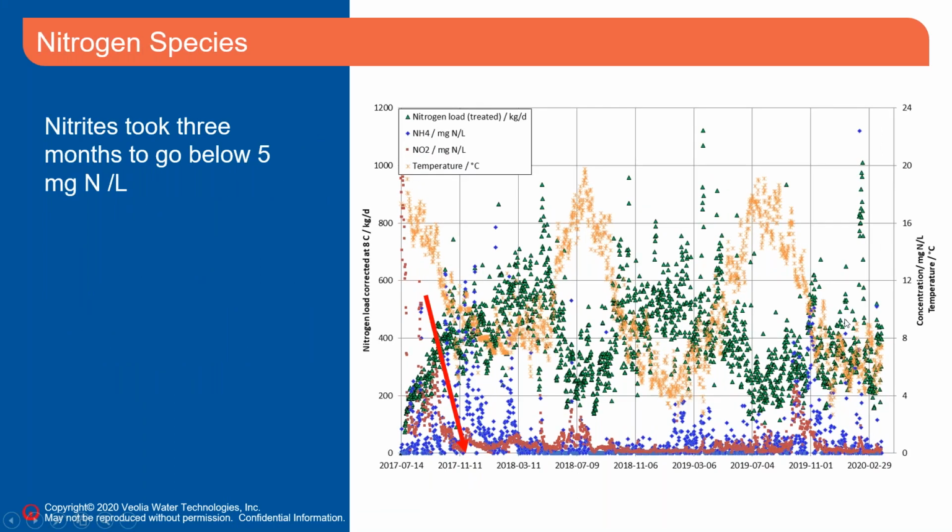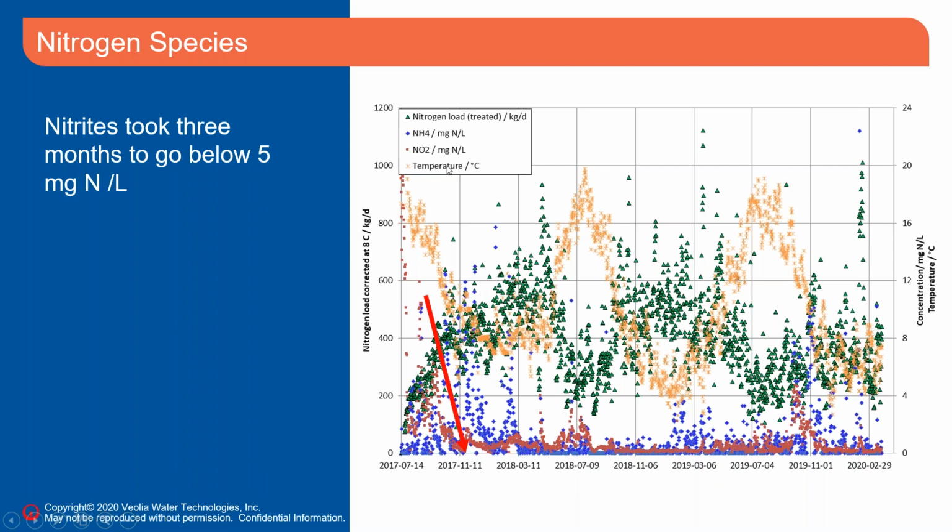Then nitrogen species. We'll look a little bit at the nitrogen species. So look at the little red dots here. These are the nitrite concentration. You can see at the beginning of the treatment, the nitrite is high, but it goes all the way down when the startup is completed.